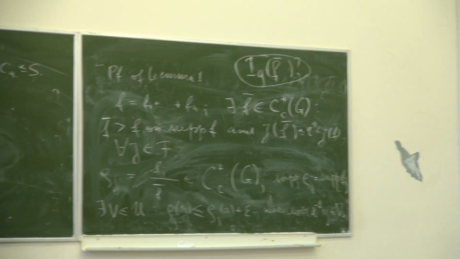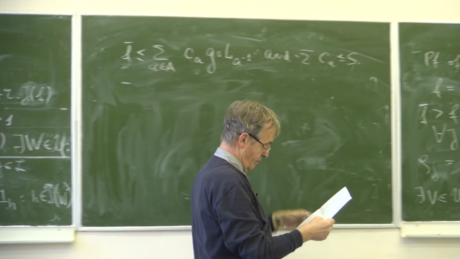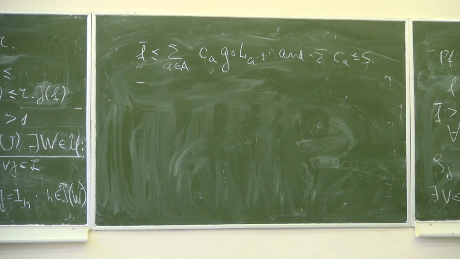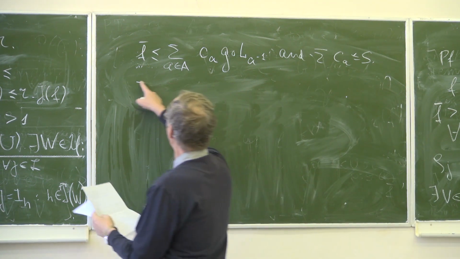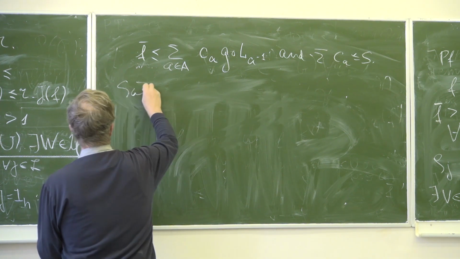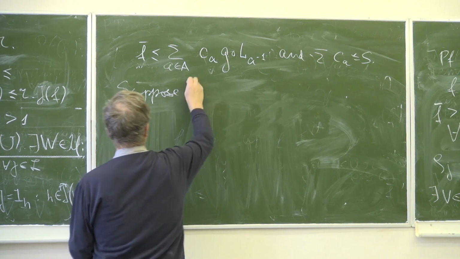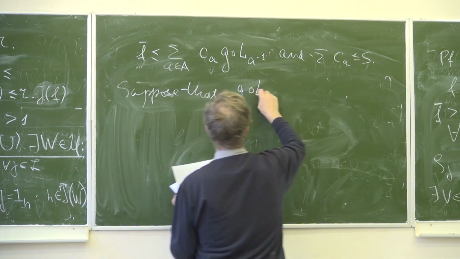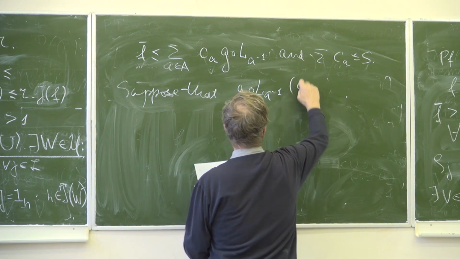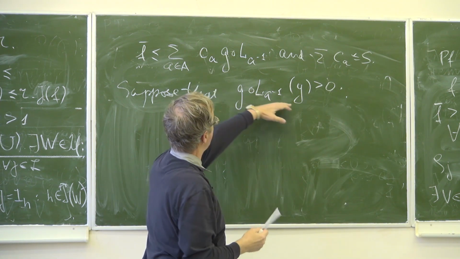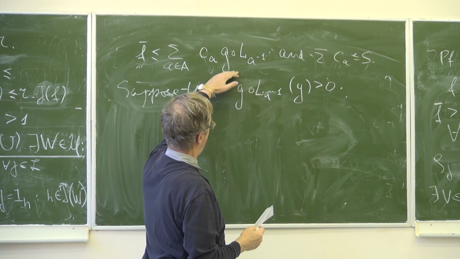So consider such a majorization with some control of the coefficients. Now in this inequality, suppose that at some point y we have some non-zero term here.